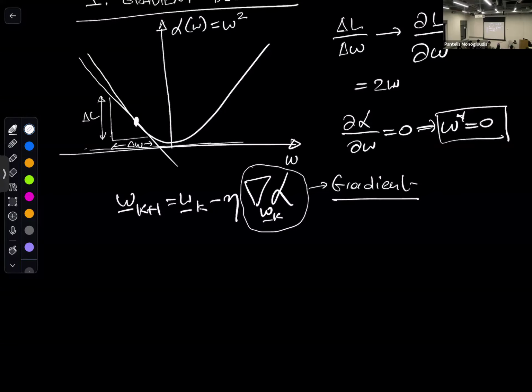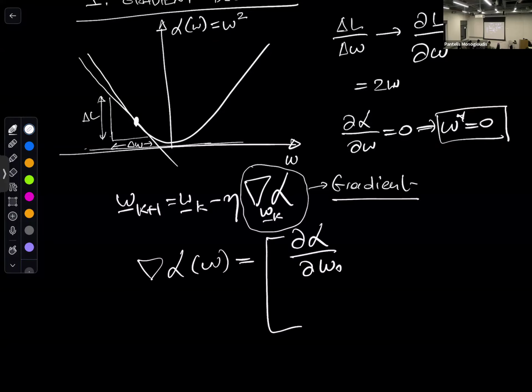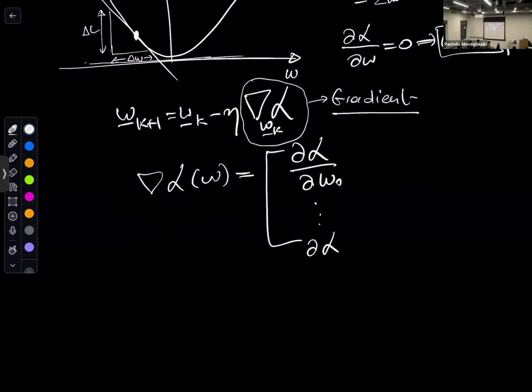Here we only have a W which is scalar, but when we have a vector, the gradient of the loss is going to be the partial derivative of the loss function with respect to W0, where W0 is the first element of W, all the way to the partial derivative of the loss with respect to W, capital M, because capital M we denoted the number of parameters from the previous discussion.